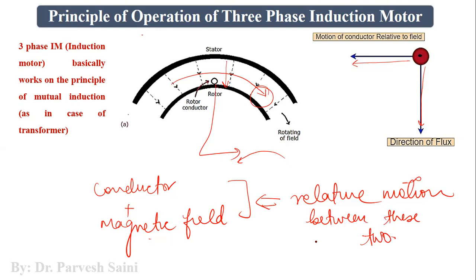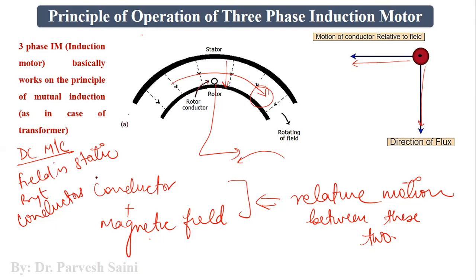There should be a relative motion between these two. Now, in the case of a DC machine, the field is static, but the conductors move.